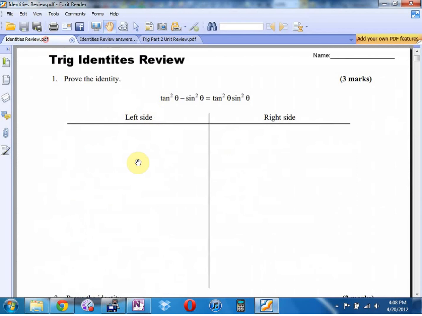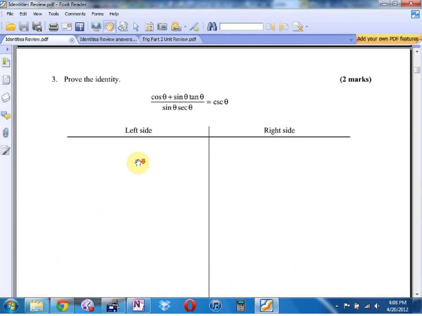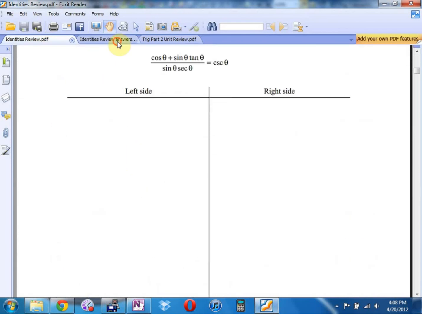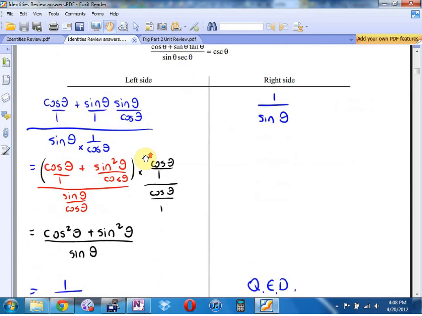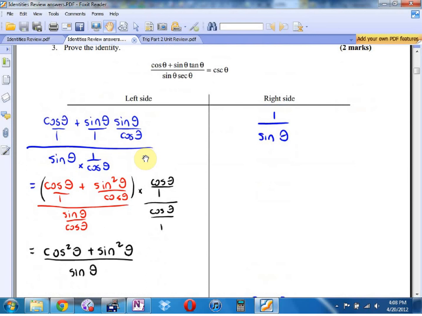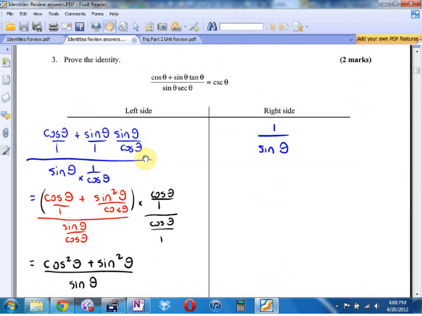Number 3. Did you look at my online answer key? You okay on the right side? Okay. So I rewrote, as soon as that became a fraction, I went back and put them all over 1. Tangent is sine over cos. Sine times 1 over cos. I rewrote everything in terms of sine and cos. You okay with that? Tidied it up.